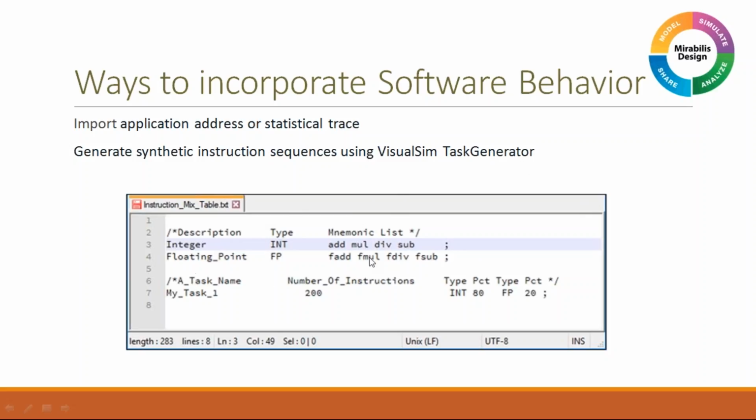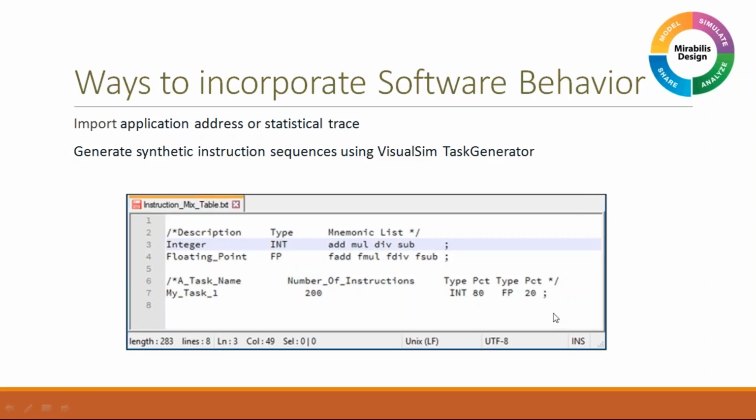In this case, what you are seeing is mainly two different columns. The first portion talks about the integer and floating point. Here you'll be listing out all the different types of instructions that are available for your processor. You'll also be listing out the mnemonics corresponding to those types.